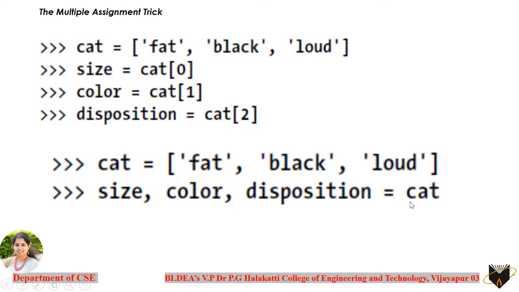I hope it is clear that the number of variables needs to be exactly equal to the total number of contents in this list. In this case, how many variables are there? 1, 2 and 3. How many contents are in the list? 1, 2 and 3. So 3 variables, 3 contents. On whichever list you use for multiple assignment, the number of variables needs to be equal to the number of contents in the list.